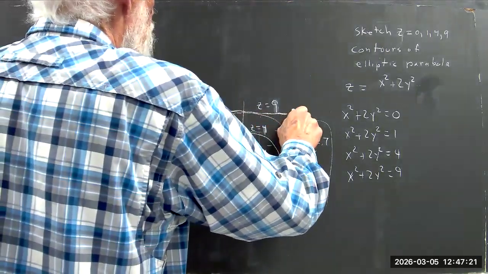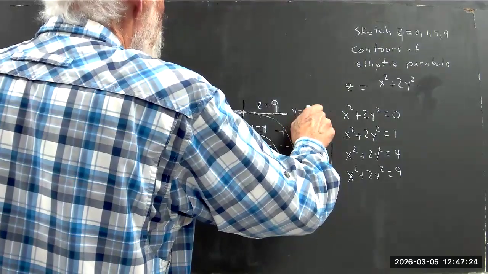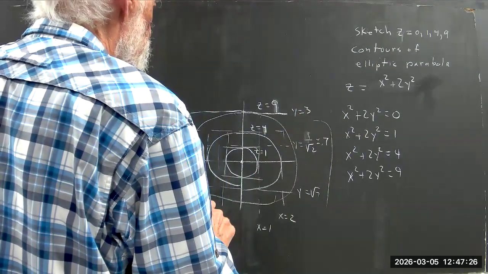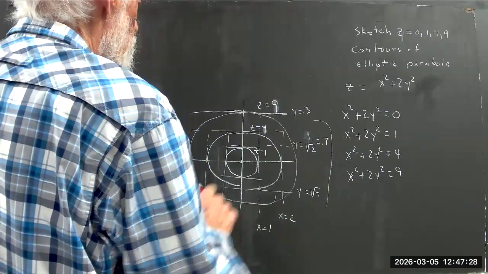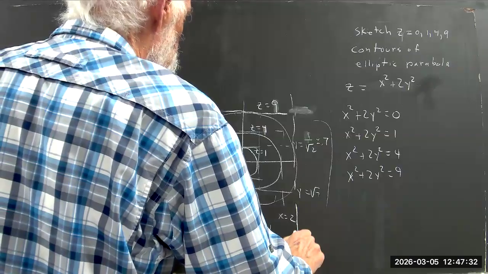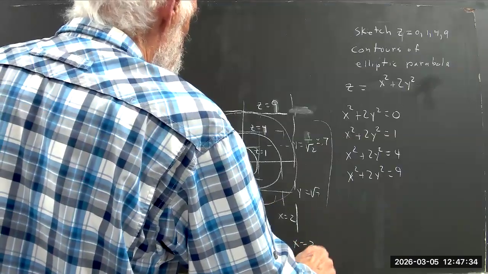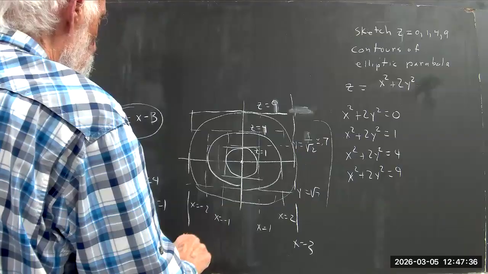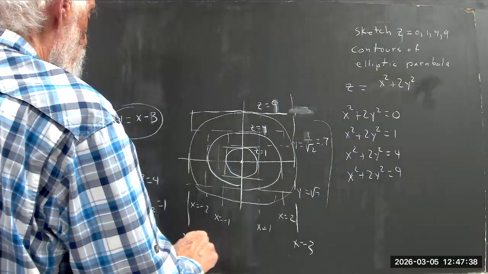This line here would be for y equals 3. No, sorry. This line would be for x equals 3. And this isn't drawn very well to scale. Here would be x equals negative 3.